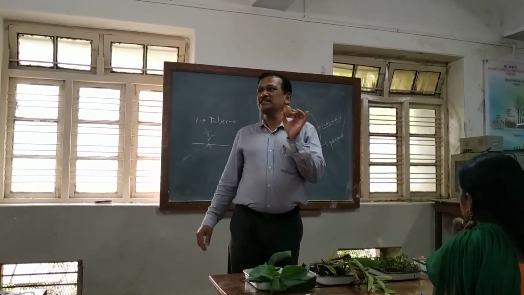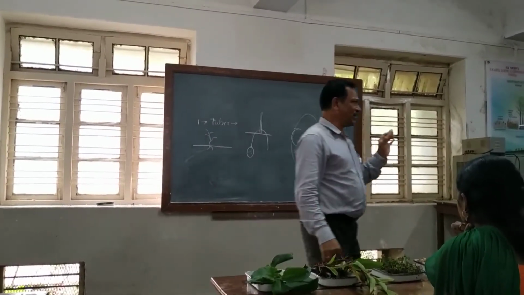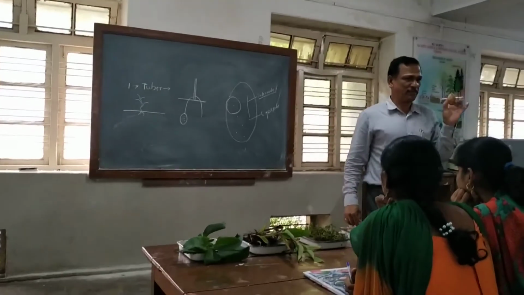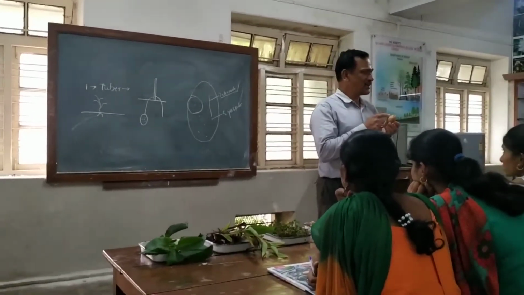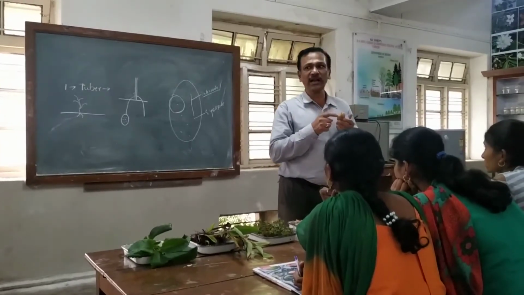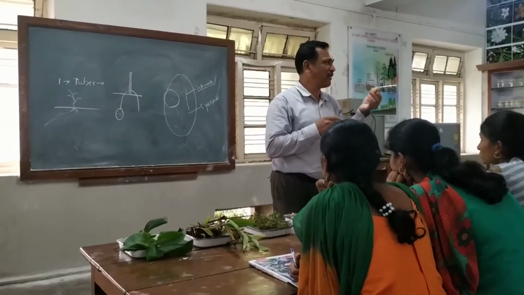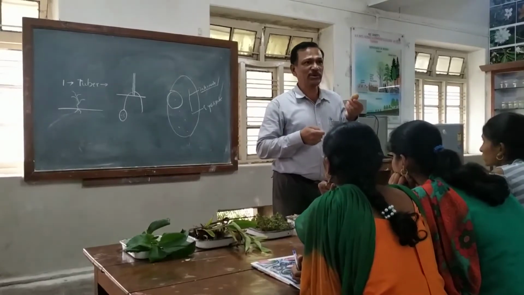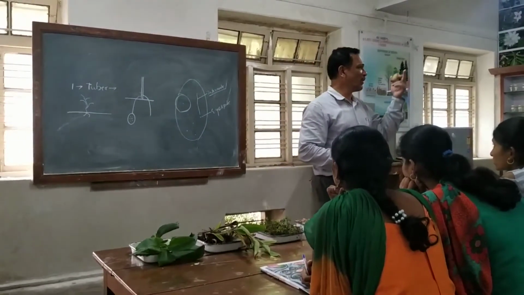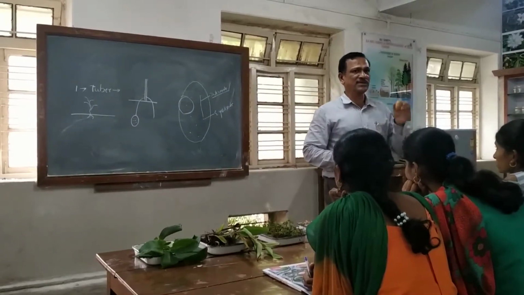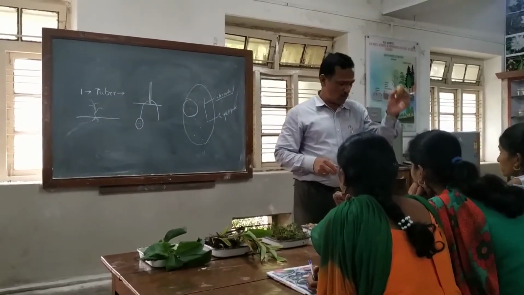So this is the first type of vegetative propagation, with the help of tubers. There may be any number of eye spots, and all these eye spots are removed with the help of a scalpel, blade or any sharp instrument, and kept in soil, and each develops into one new plant. This is one type of vegetative propagation.